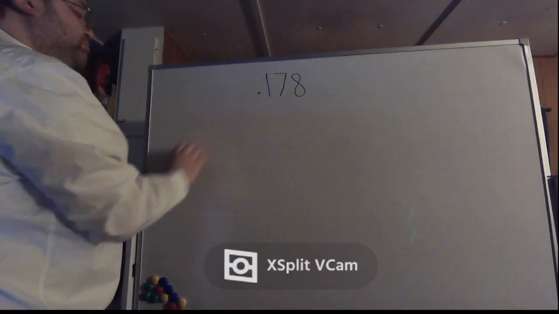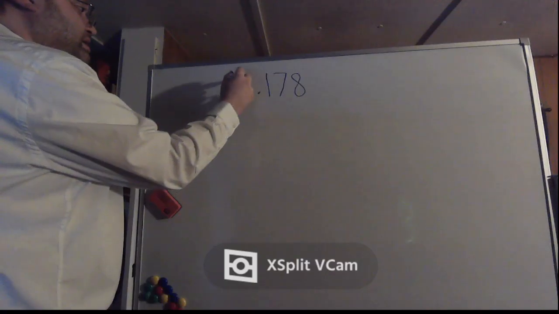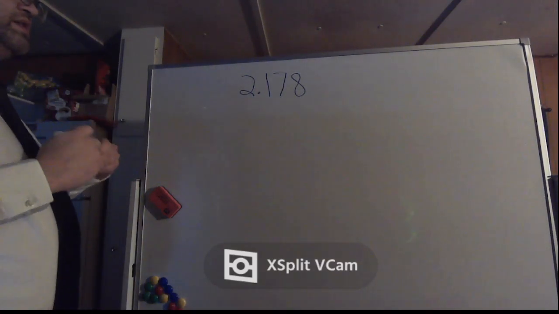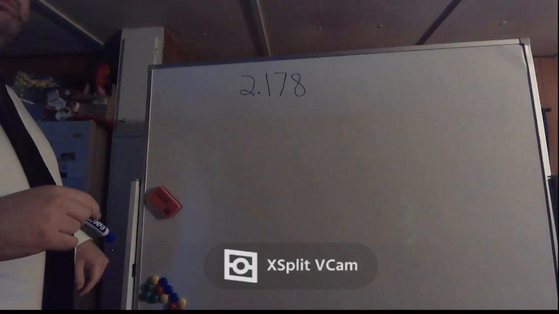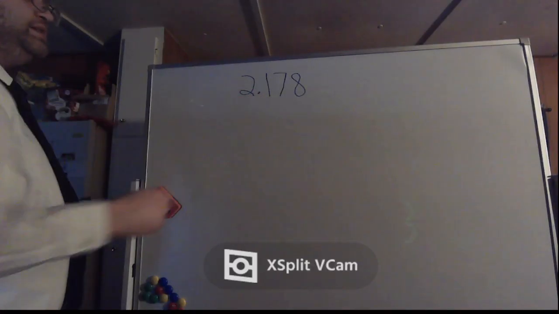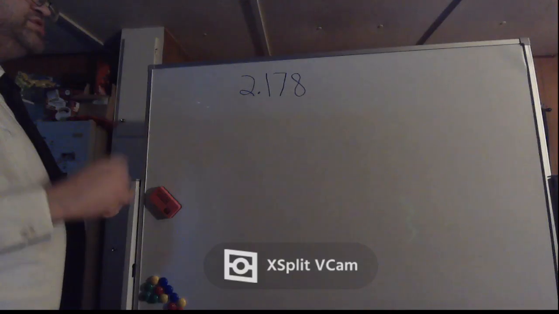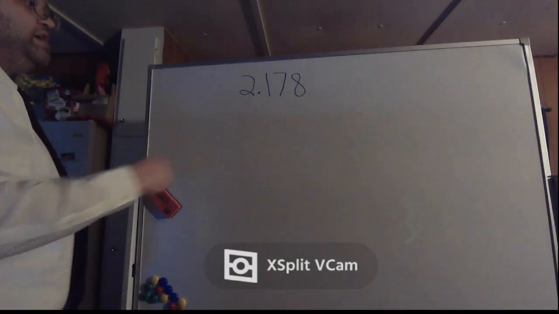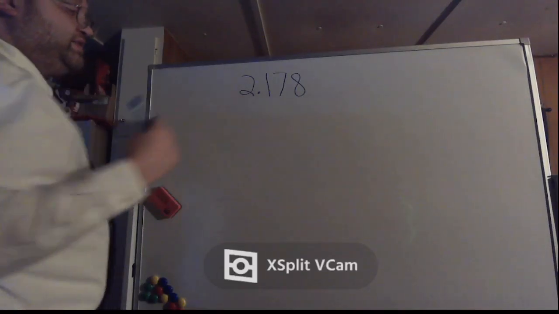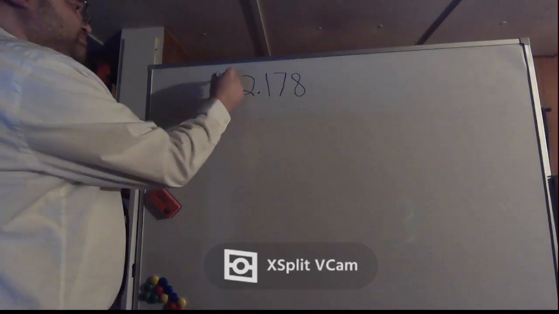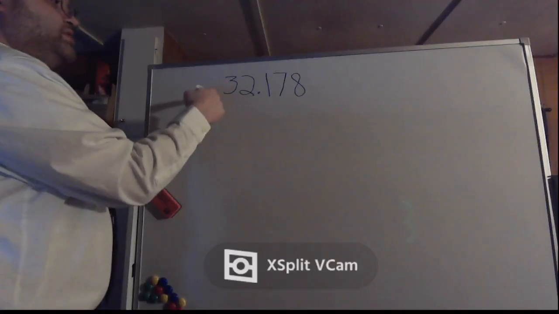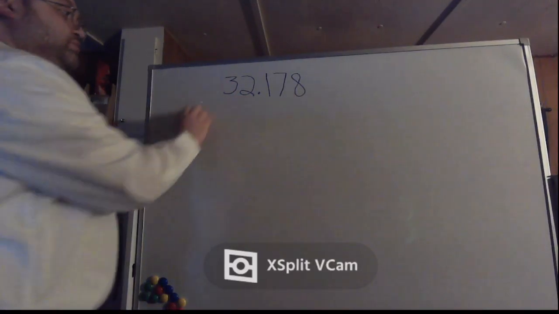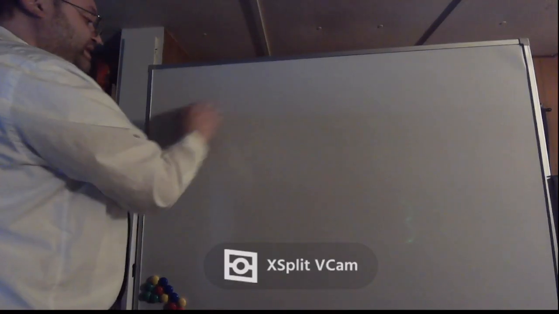Now let's say I put a 2 here in the ones place, which, there is no oneths place, it just goes right to the tenths place for the first number to the right of a decimal. But if I put a 2 in the ones place, that would be 2 and 178 thousandths. If I put something in the tens place, that would be 32 and 178 thousandths, and so on. So really, that's all there is to reading decimals.